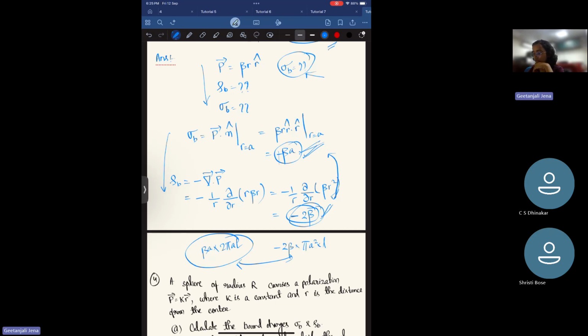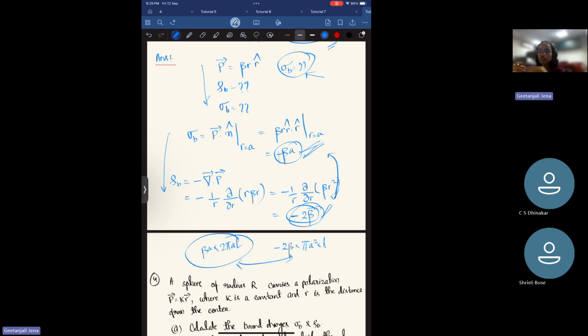You were right conceptually because the material was neutral before. Whenever you apply an electric field, it gets polarized because of the dipole separation, because of the formation of dipoles.